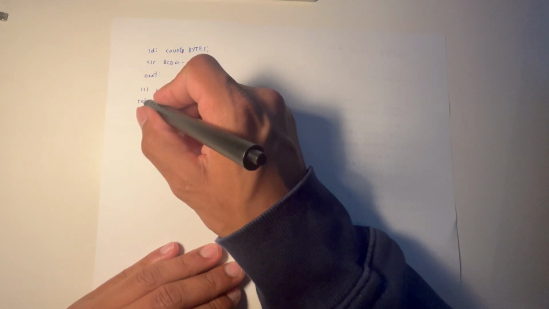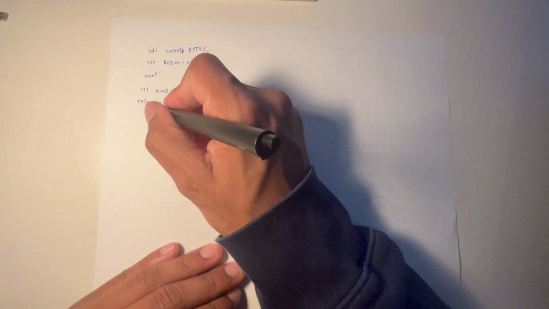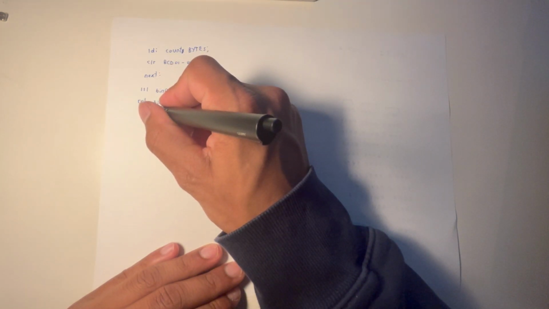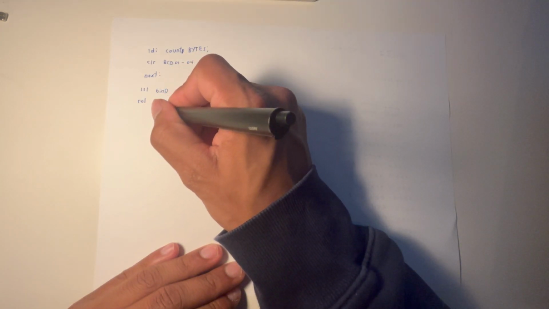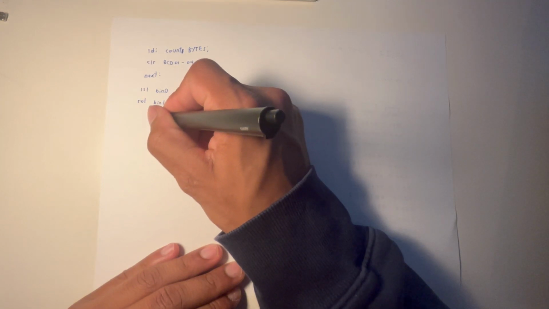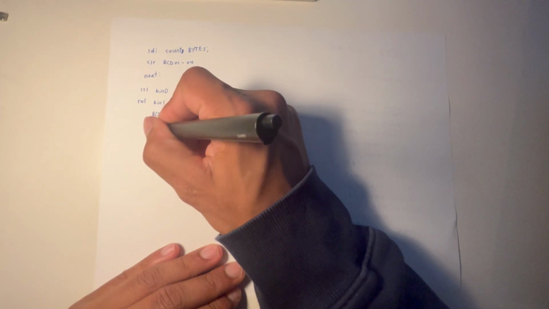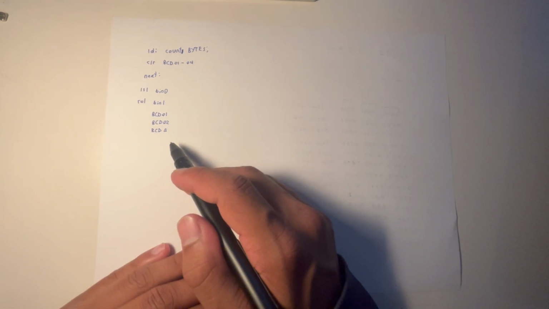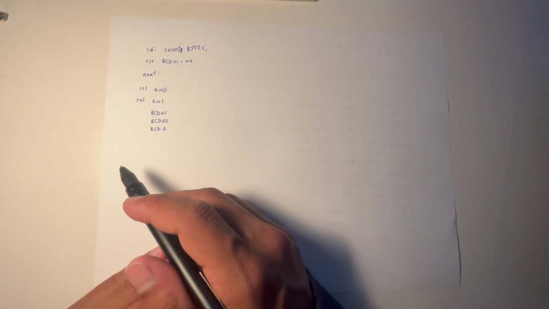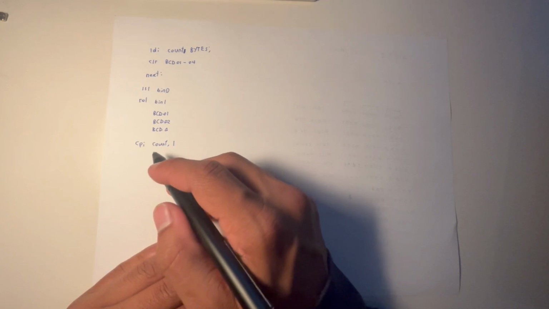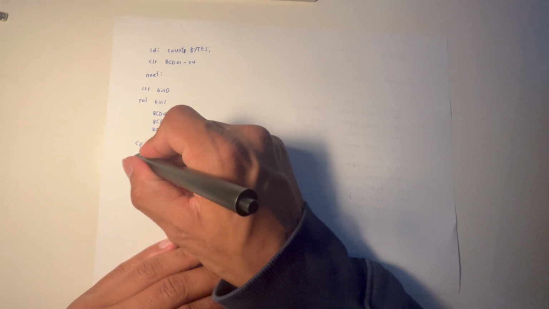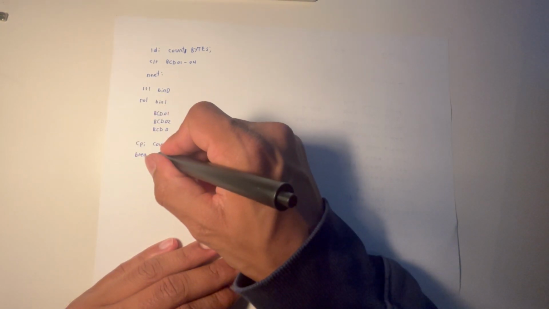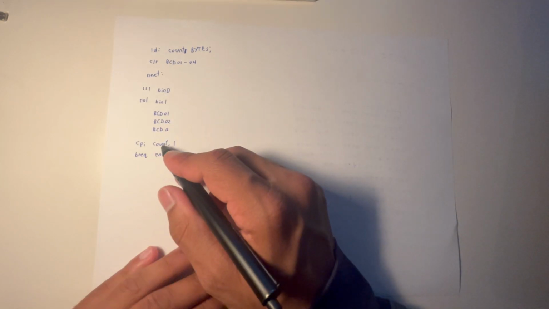Then we repeat the rotate left on BCD 01, BCD 02, and finally BCD 4, and we've essentially shifted our entire scratch space and inputs left 1. If it is the last count, then the count will equal 1, so we're going to branch if equal to the end. If not, it's just going to continue.